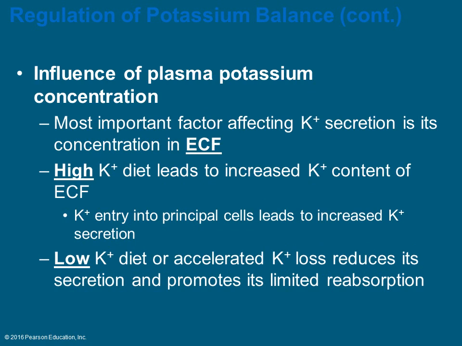One important factor with secretion is what's the concentration in that extracellular fluid. If you have a high potassium diet, you have increased potassium concentrations in the extracellular fluid, and if levels get too high, you're going to want to secrete more. If you have a low potassium diet, then you're going to want to reduce the secretion of it.